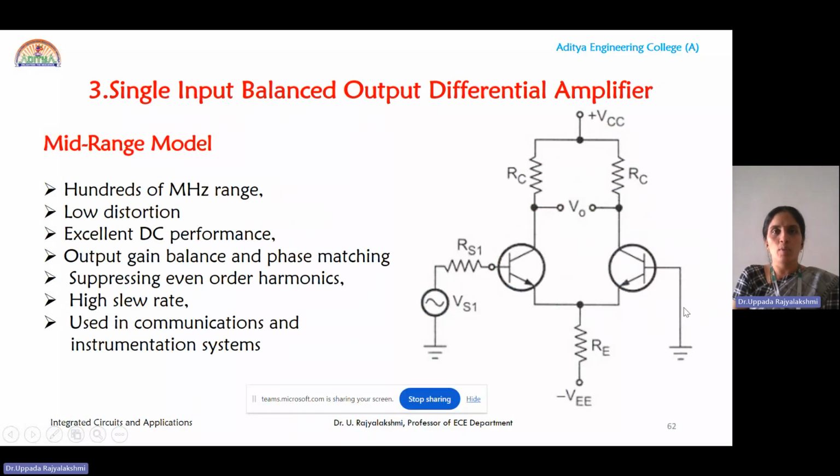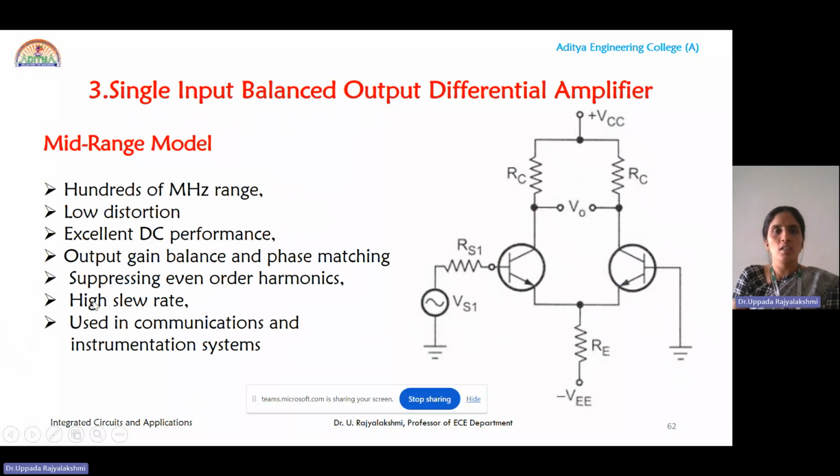The third one is the single input balanced output configuration. In this configuration, only one input is applied, either at the base of Q1 or the base of Q2. For example, if you apply the input at the base of Q1, the base of Q2 must be grounded. Because it is balanced output, the output is taken as the difference between the two collector ends of the two transistors.